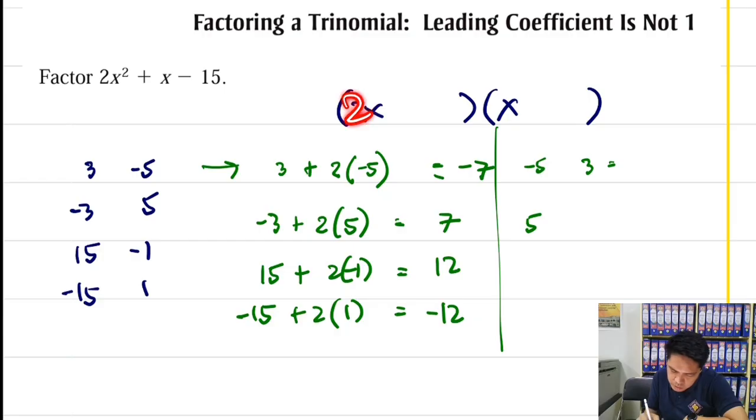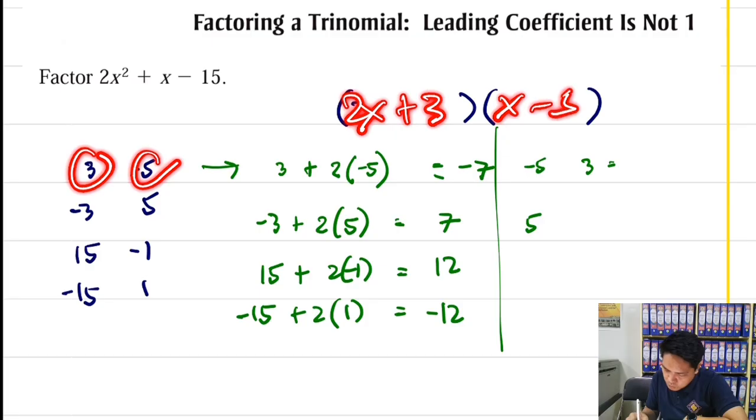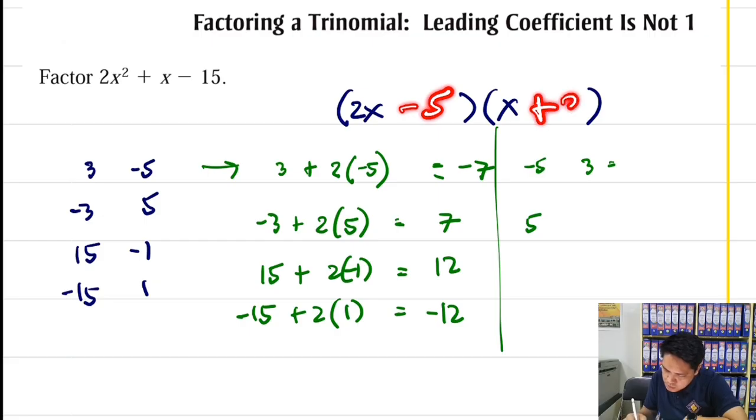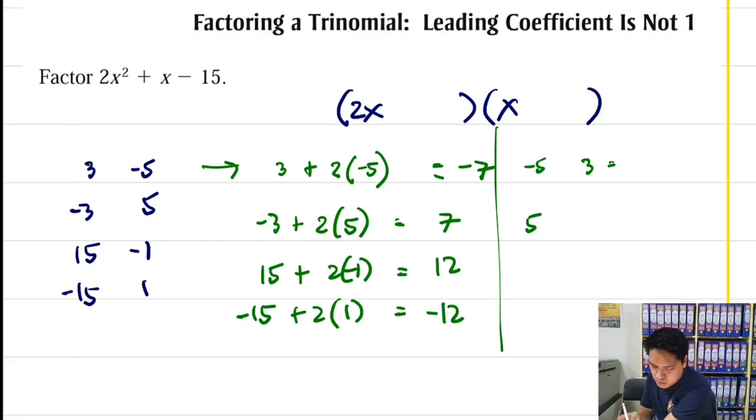So, pwedeng 2x plus 3, x minus 5. So, kung i-reverse natin or ibalik na rin natin, pwedeng 2x minus 5, x plus 3. So, magkaiba na siya. So, itong combination naman ang i-try.